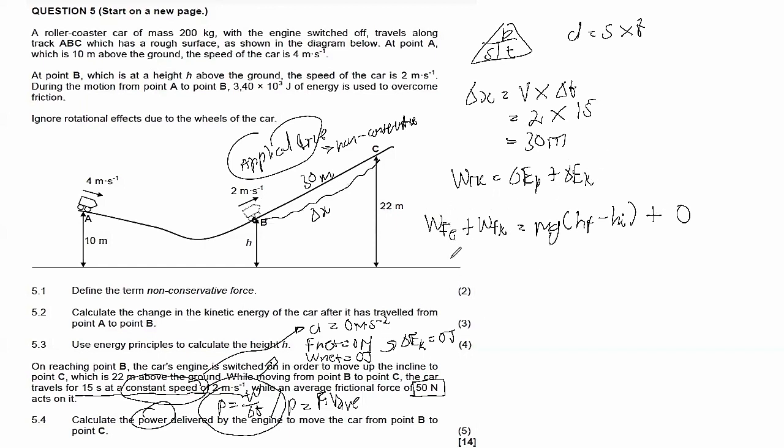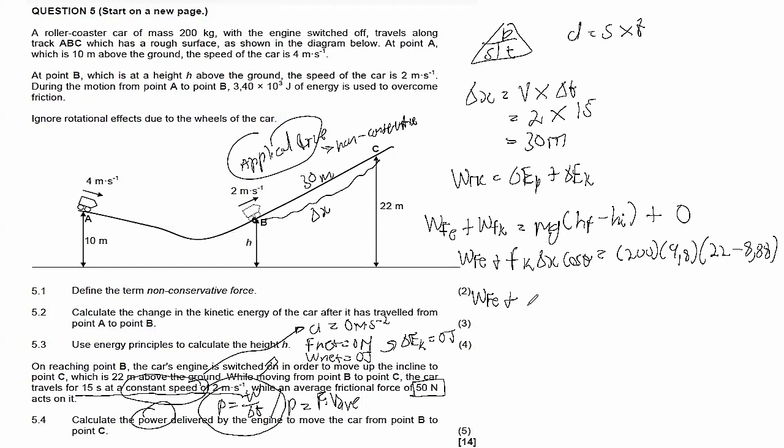Now we are looking for the work done by the engine, so let's break down the Fk here. That's Fk delta x cos theta equals my mass, 200, multiplied by 9.8, multiplied by the height finally, that's the height at point C, 22, minus the height initially, that's the height at point B, which we calculated in the previous question as 8.88.